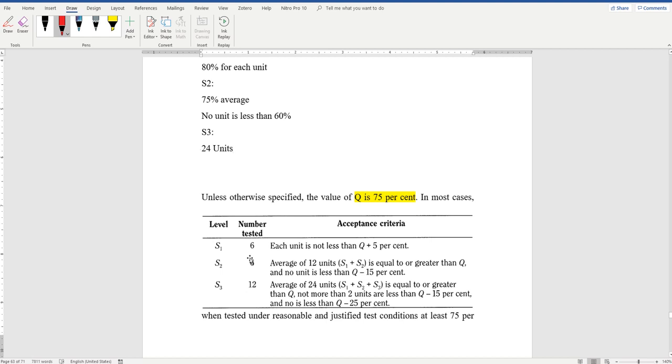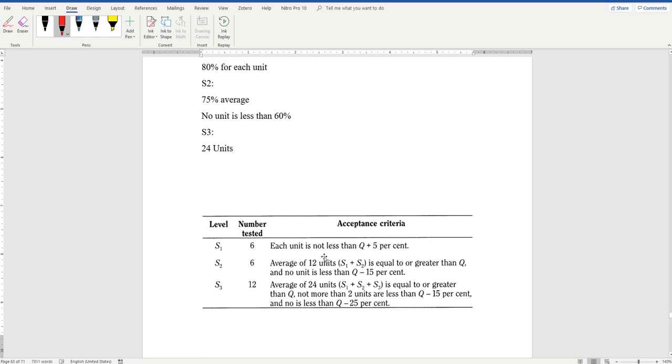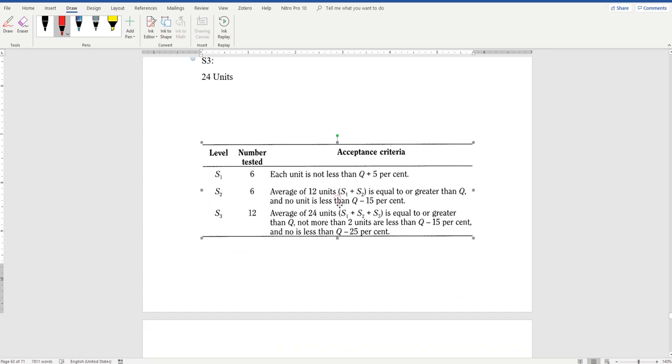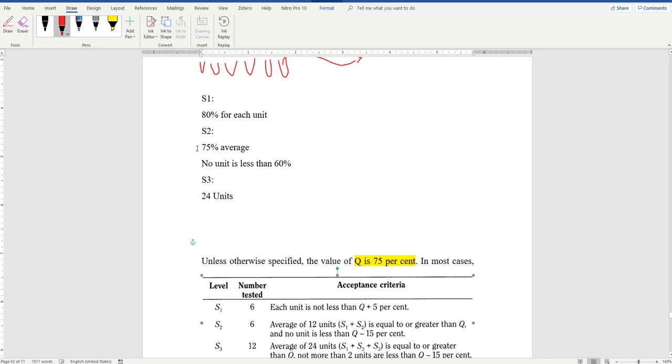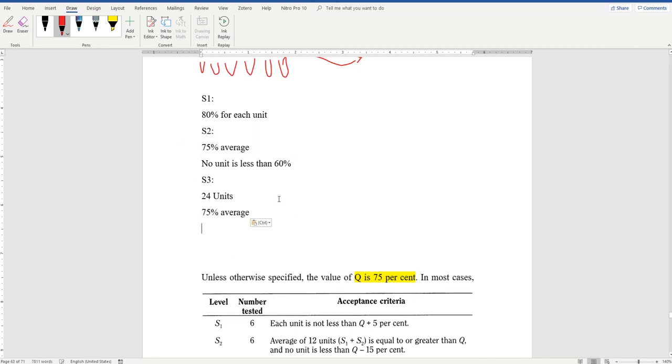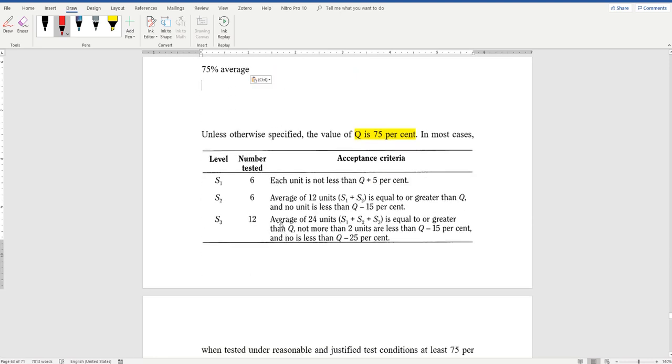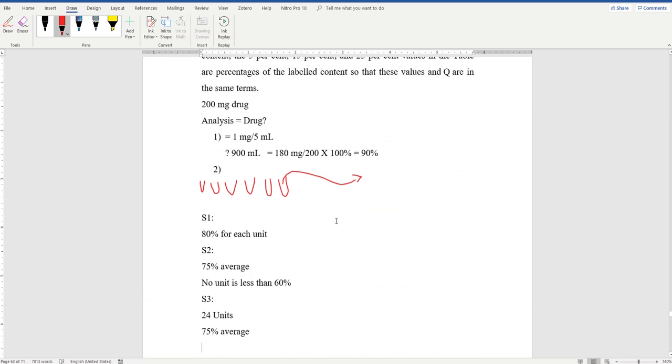طيب شو بيحكوا لكم in order to pass? It says the average, the same here. The average should be ايش؟ at least 75. ايوه. Average of ايش؟ 24 units. يعني you need to calculate the percentage for 24 units.